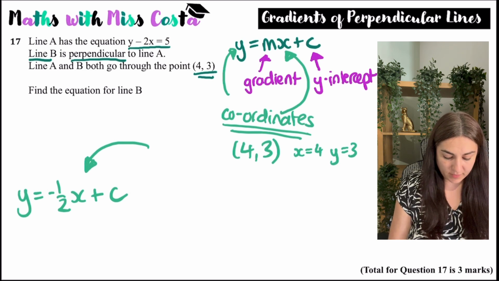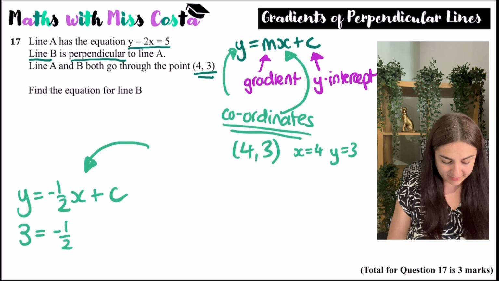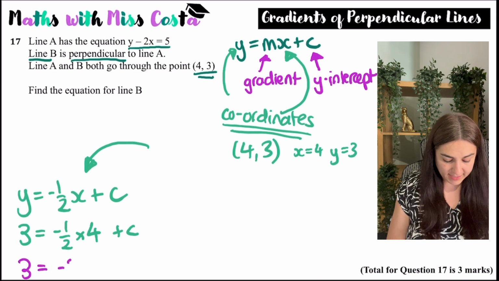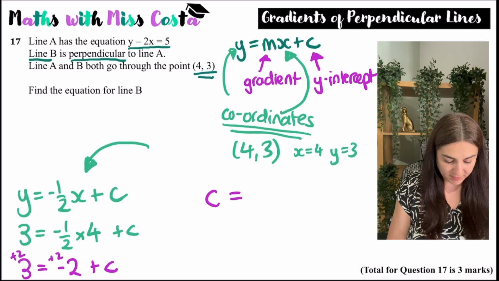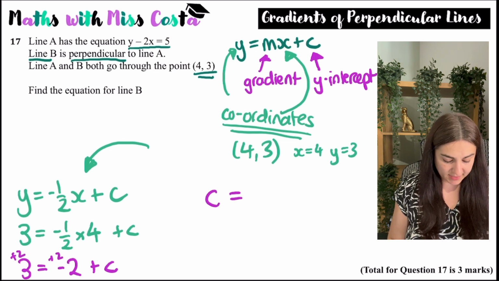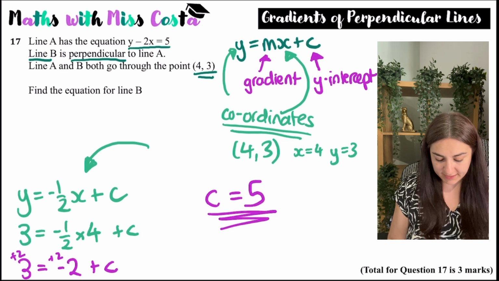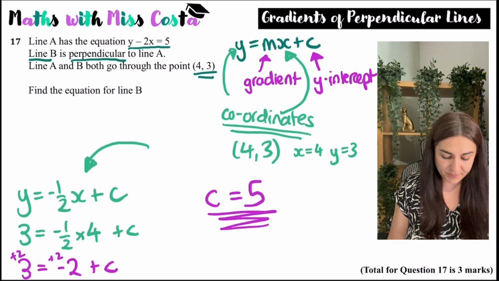So if y is 3, 3 must equal minus a half times by x plus c. So let's simplify that. Minus a half times by 4 is minus 2 plus c. So to rearrange it and get c on its own, I add 2 to both sides. So 3 plus 2 is 5, so c must equal 5.